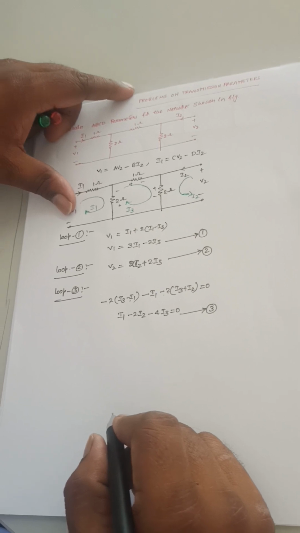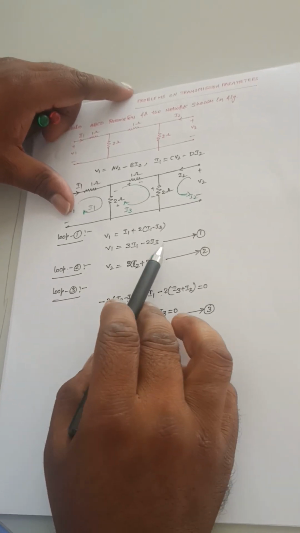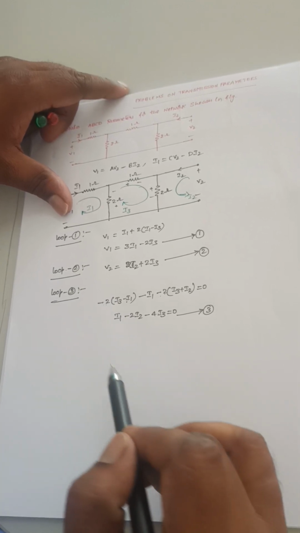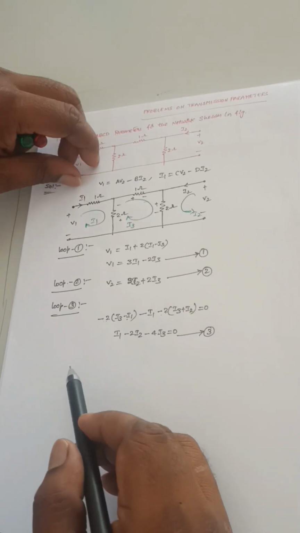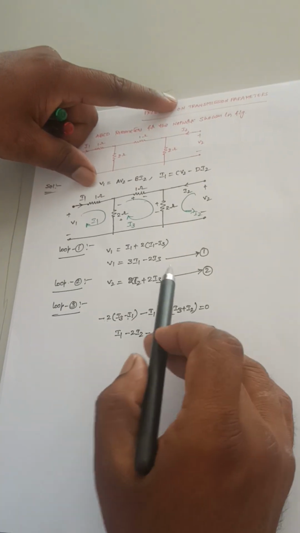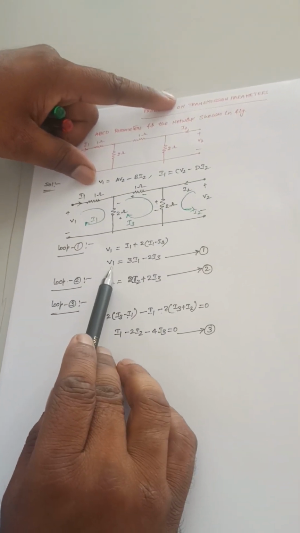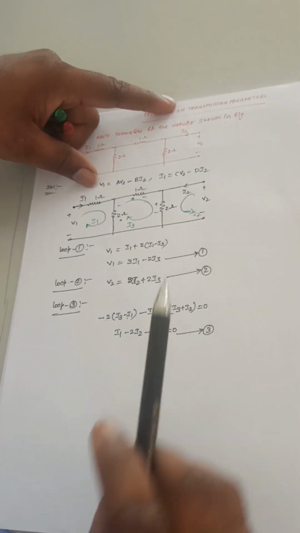So all these equations, V1, first, second and 3. So what can I get here? I need to write these expressions like this. That means this V1 should be in terms of V2 and I2.